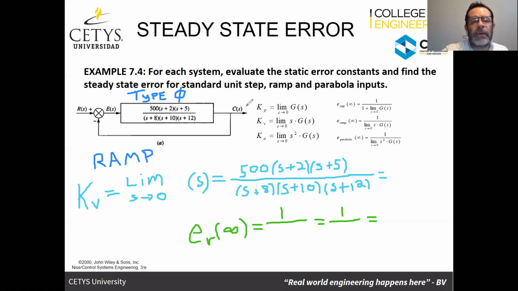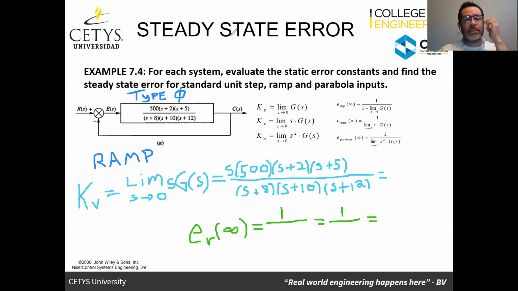It is the limit as S tends to 0 of S multiplied by G of S. The only difference here is that the transfer function is going to be multiplied by S. It's exactly the same transfer function, but multiplied by S.